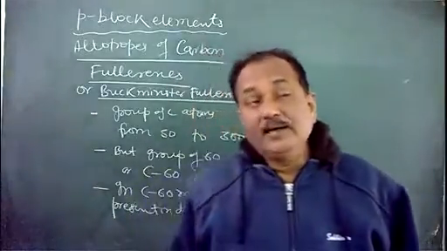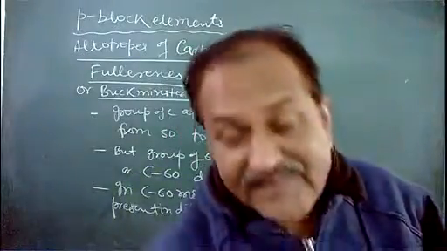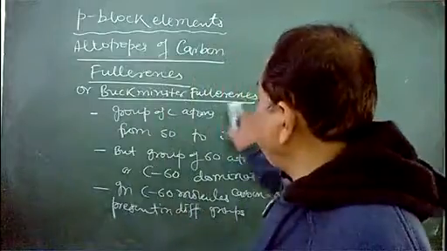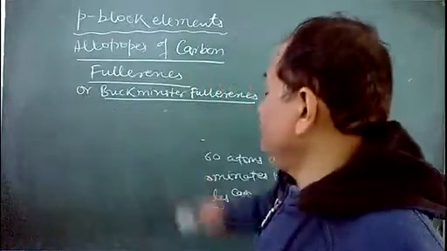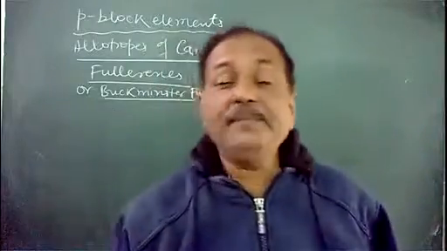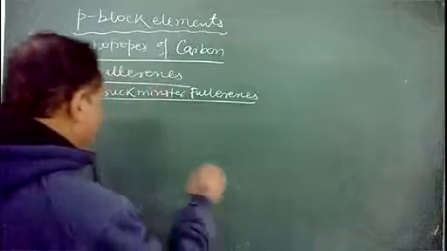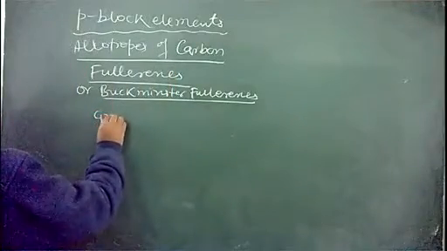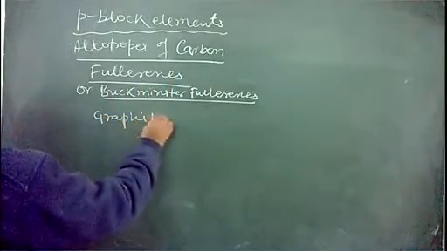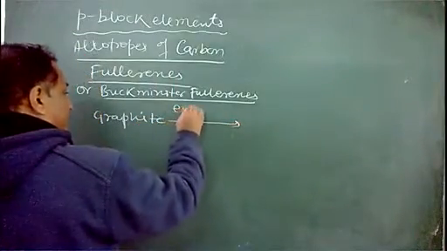Now children, you must know that these fullerenes are even more pure than the diamond, because they are prepared by an artificial method. Now I am going to explain how they are made. So in this, first the graphite is evaporated.